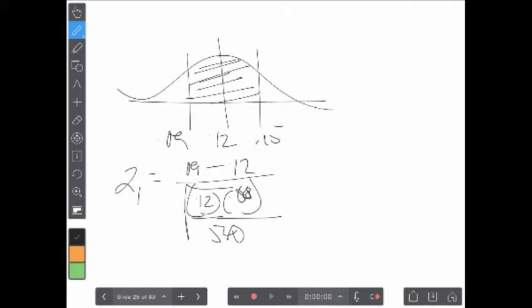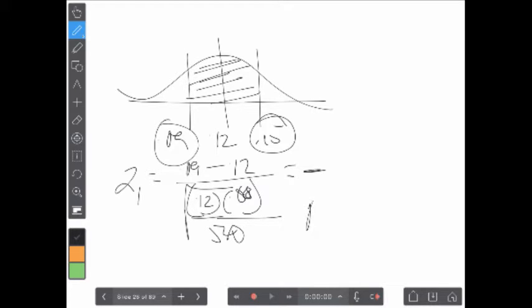Whatever that turns out to be, you'll get this Z value. It will be a negative value. Because 0.15 and 0.09 are equidistant from the mean, Z2 will be the positive version of that.